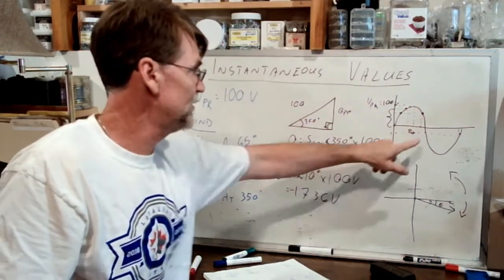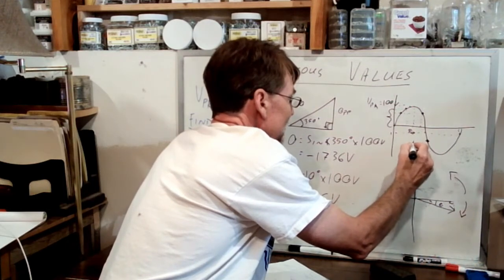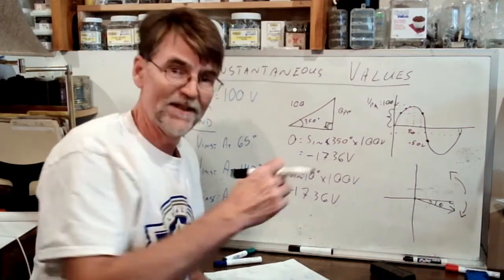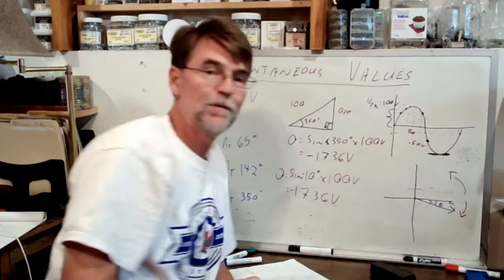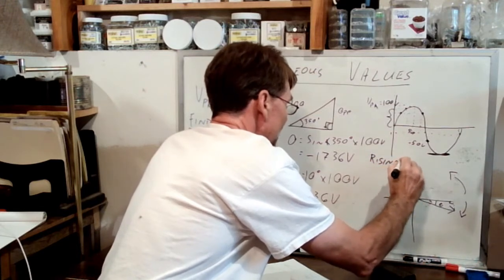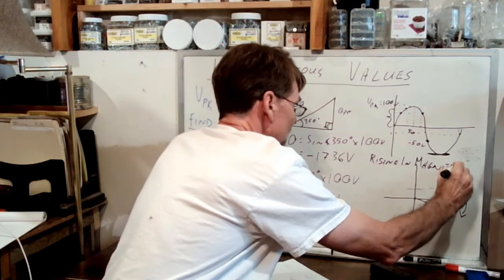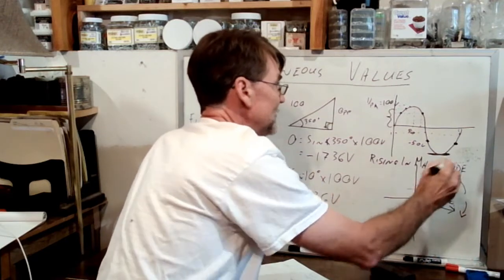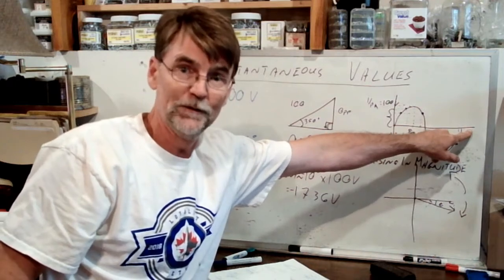And here's some terminology for you. Right here, this is negative 50 volts and rising, because it is rising in magnitude towards the negative peak. And then 50 volts over here, negative 50 volts and falling, means that it's falling back towards 0 volts.